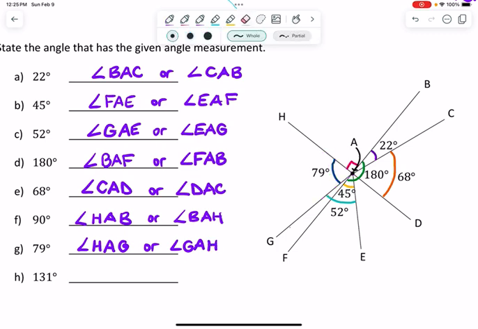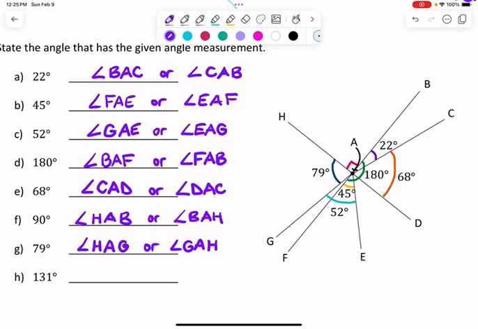Now 131. Well, this one, I don't actually have a 131 labeled in here, and there's no symbol that indicates a 131, which means I might actually have to add two side-by-side angles together to get that number, because I don't see it already labeled for me.